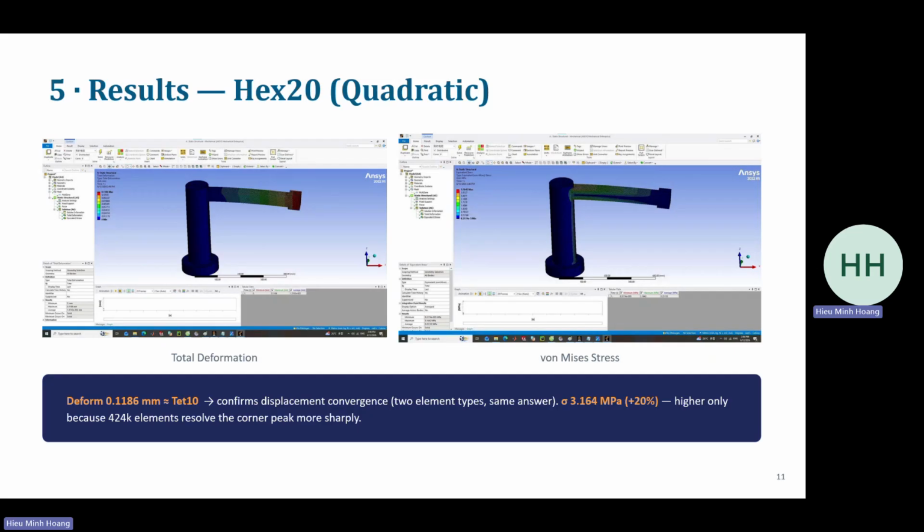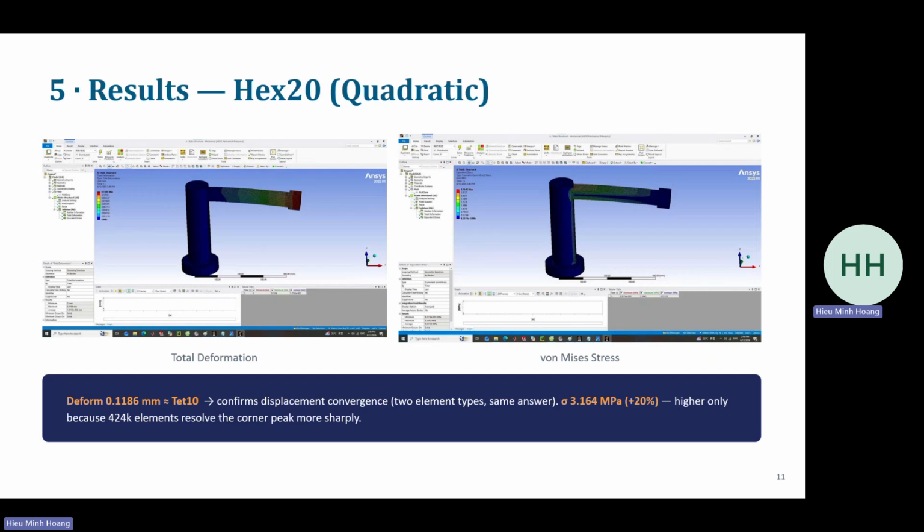It confirms the displacement convergence. The stress is 3.164 MPa, about 20% higher. But this is only because in the 424,000 element result the corner peaks more sharply. It's not an error, it is a singularity again.